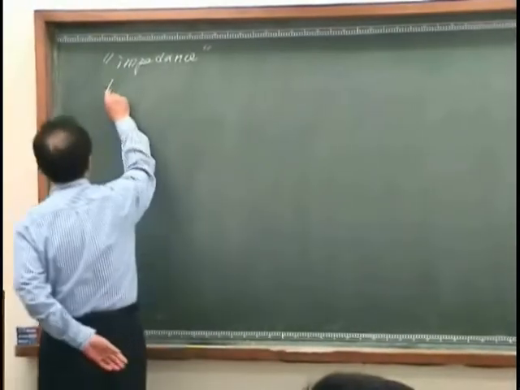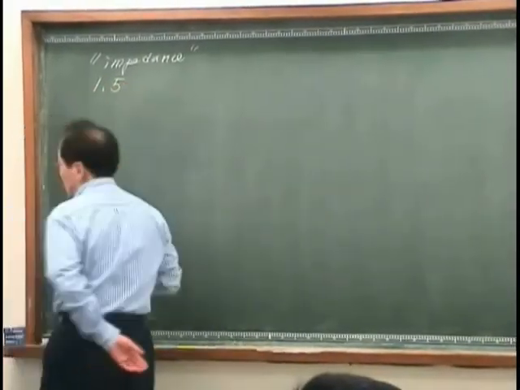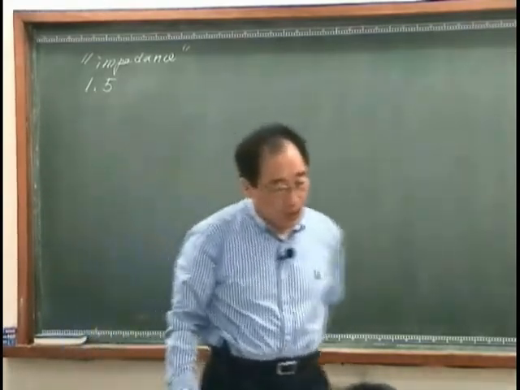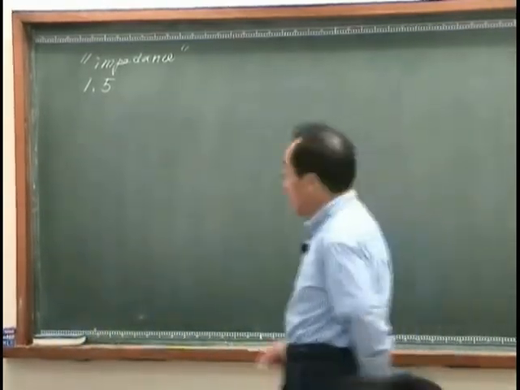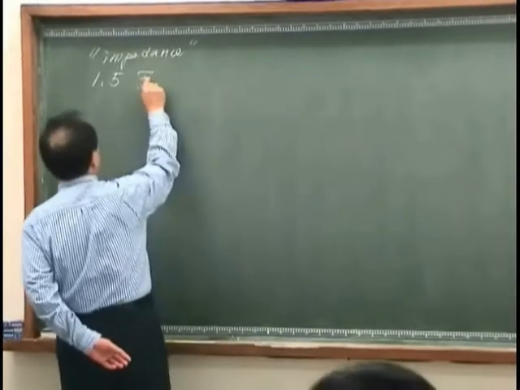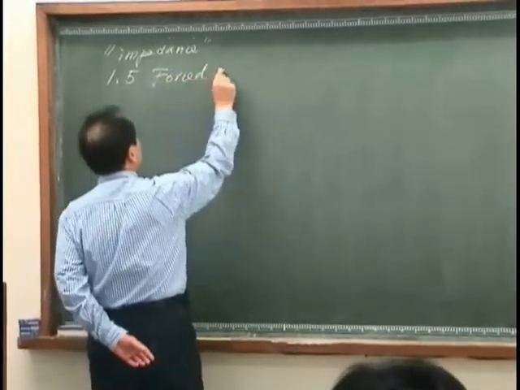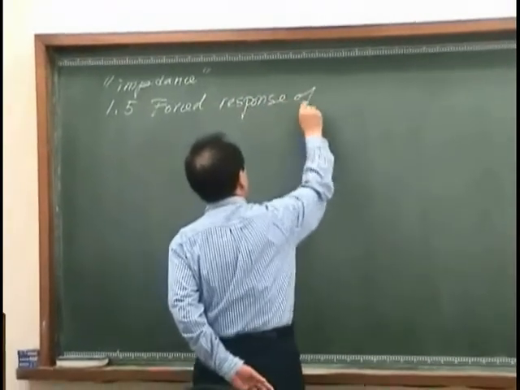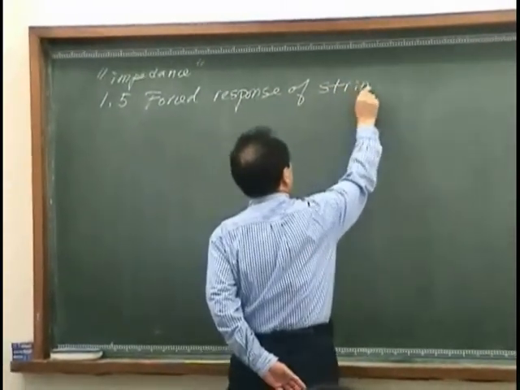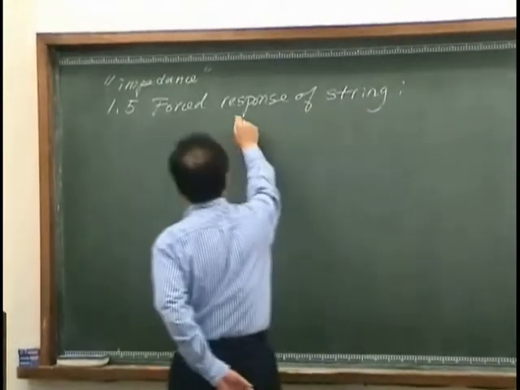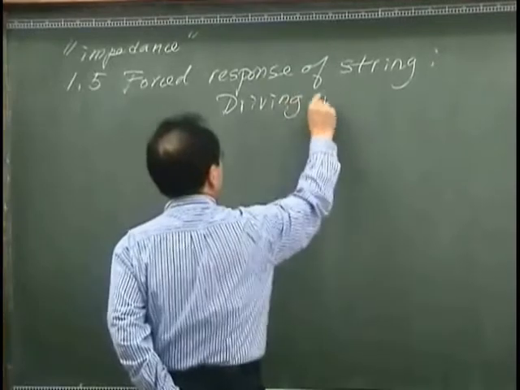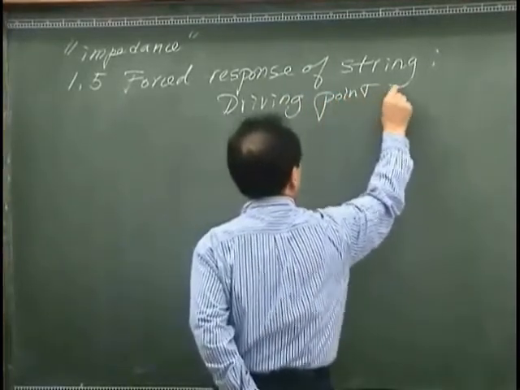So let's start with 1.5. That has to do with forced response of a string, where we talk about driving point impedance.